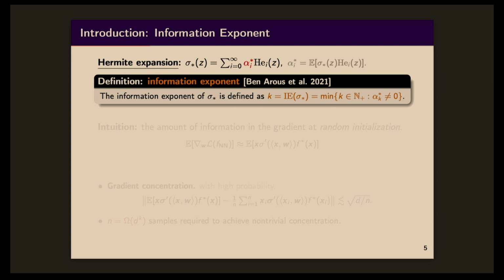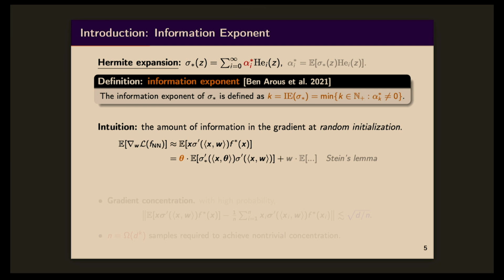Intuitively, if my sigma star is a polynomial, then this Hermite expansion is going to stop at degree p. So the information exponent is always less than or equal to the degree of the target function.